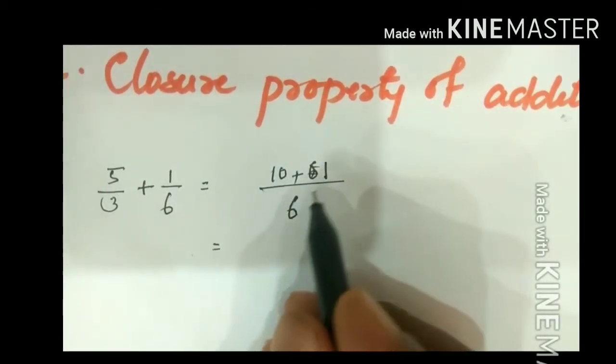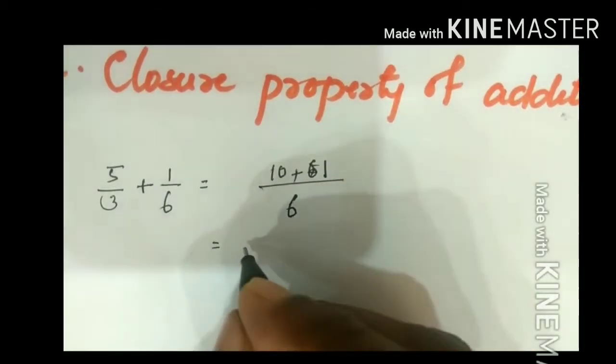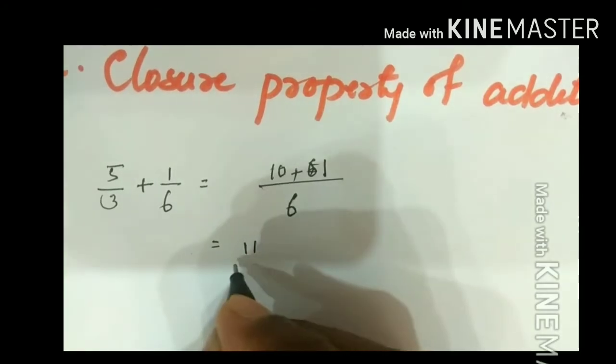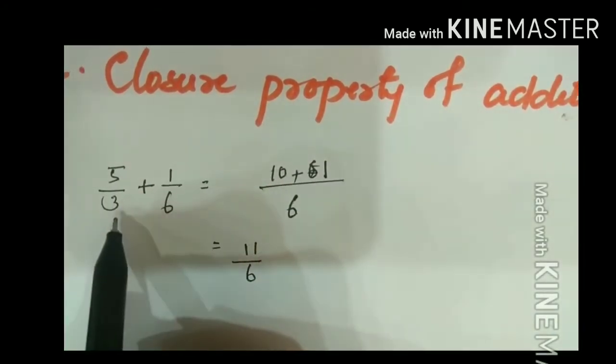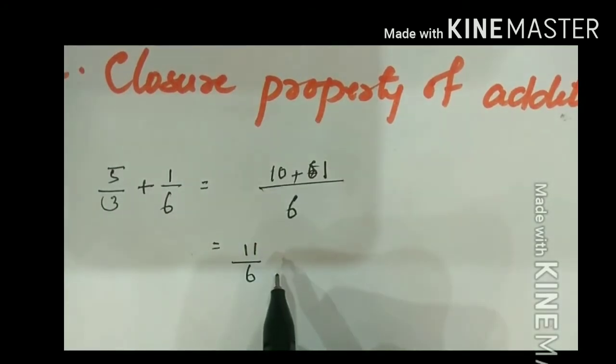It's not 6, okay? So 10 plus 1, that is equal to 11 by 6. So this is the sum of 5 by 3 and 1 by 6.